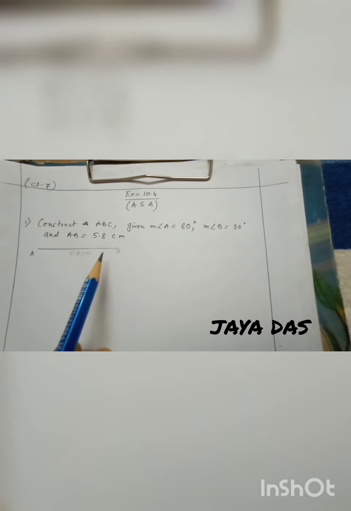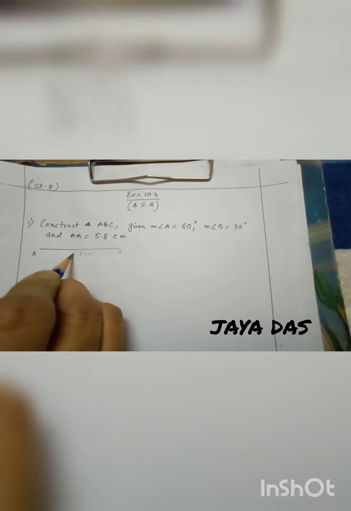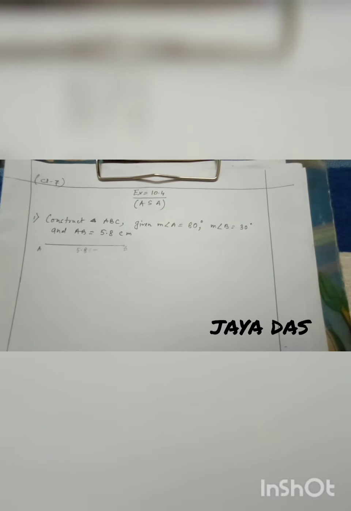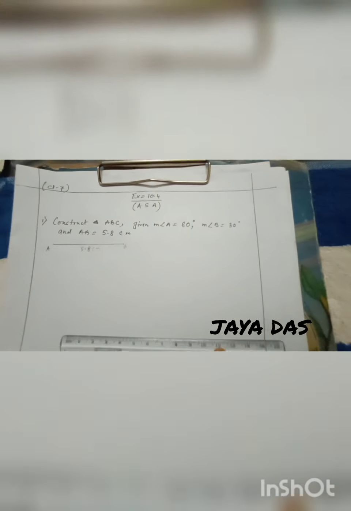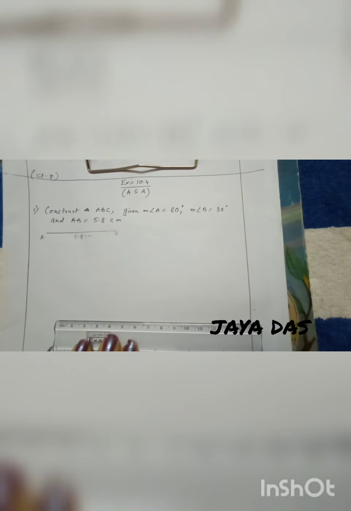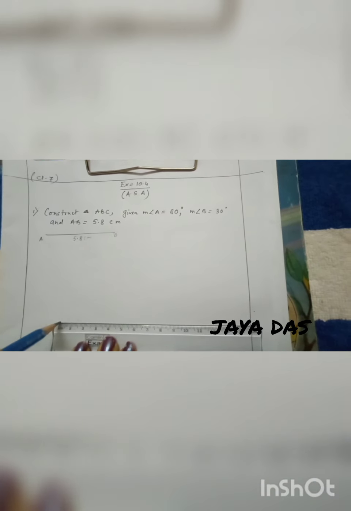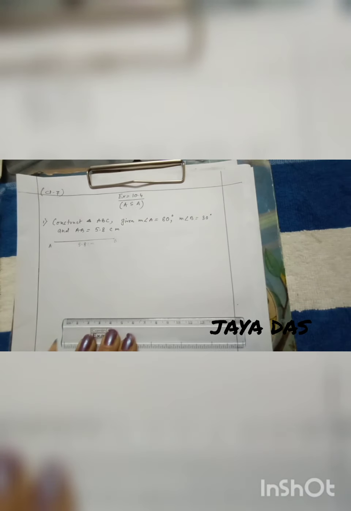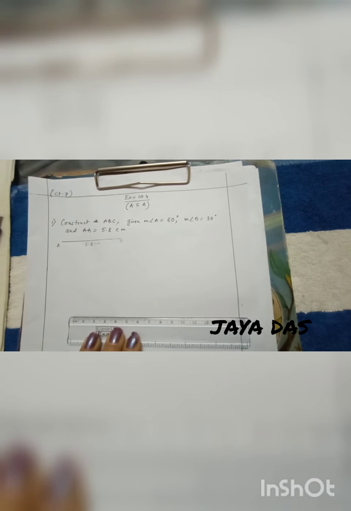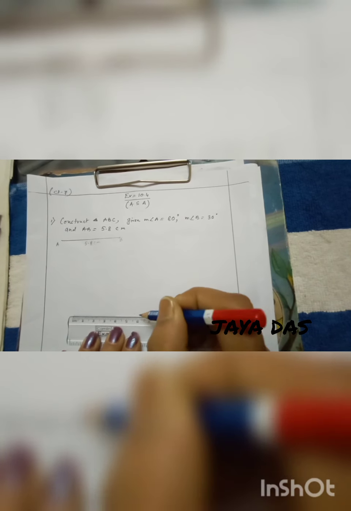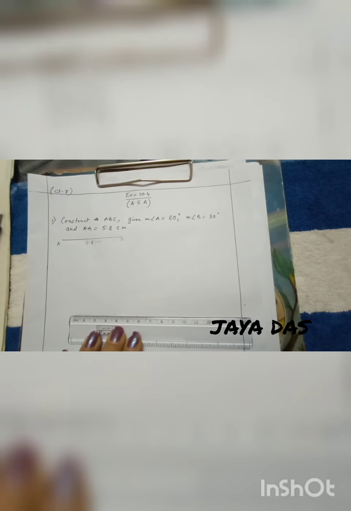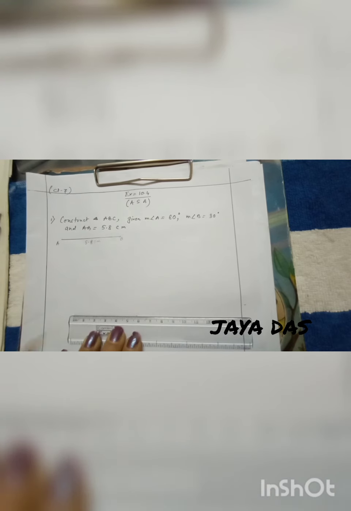You know how to draw line segment. In the previous two exercises I have shown you how to draw the line segment. Now draw 5.8 centimeter. I am showing you again how to draw a line segment with a given measurement. Draw one dot on 0 and take the line towards 5.8, and again on 5.8 you will take another dot on 5.8 and take the line towards 0.